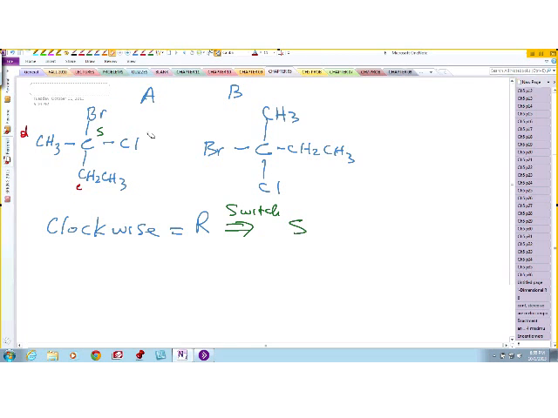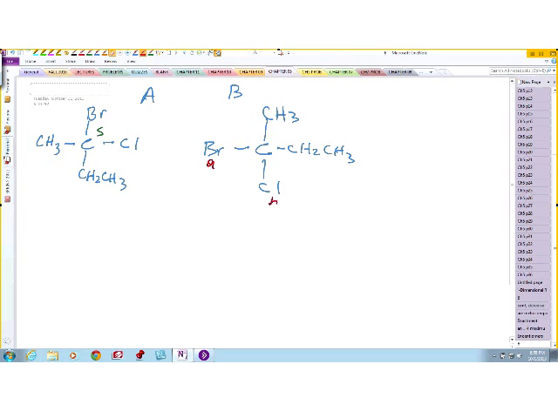Let us look at B here. Help me out here. Priority A, B, C, and D. So what do we do?